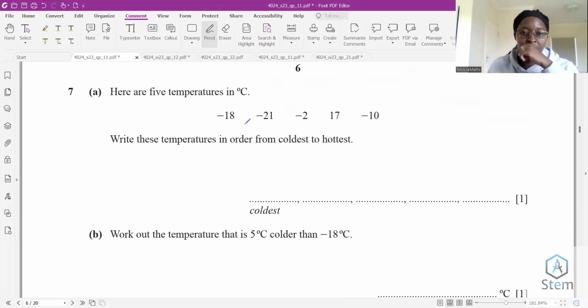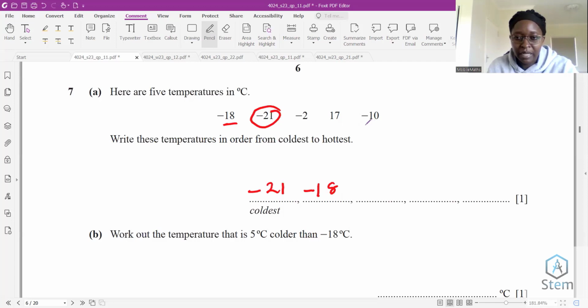Okay, so here we've got some temperatures in degrees Celsius. Write these temperatures in order of the coldest to the hottest. So for the coldest, we have a very big negative number. In this case, the biggest is minus 21. So we can say minus 21 followed by minus 18, sorry, minus 18.